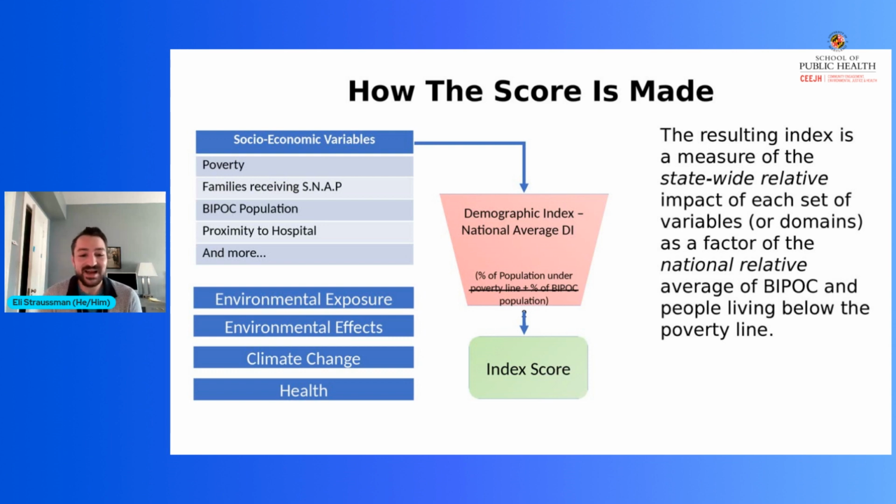You just get the average, and when you do that, you get a number that gives you a very general sense of what areas are more impoverished and generally more disadvantaged than others. So we run each one of these data points through this score, and that gives us an index score, but we're not there yet.